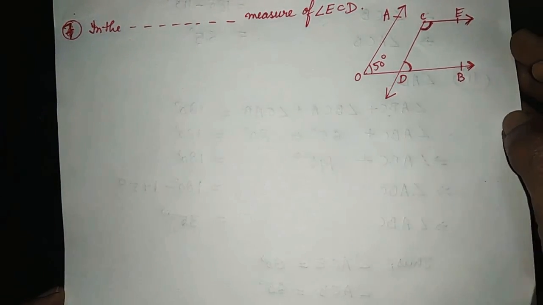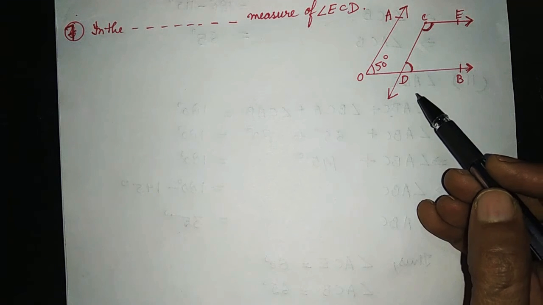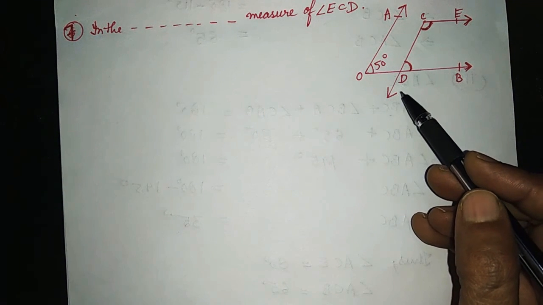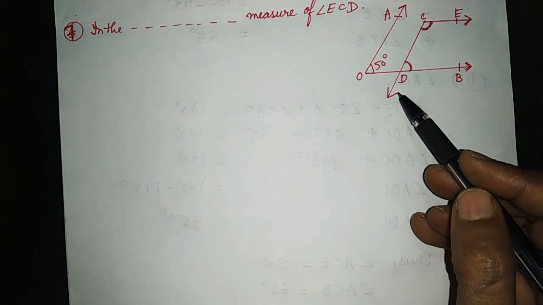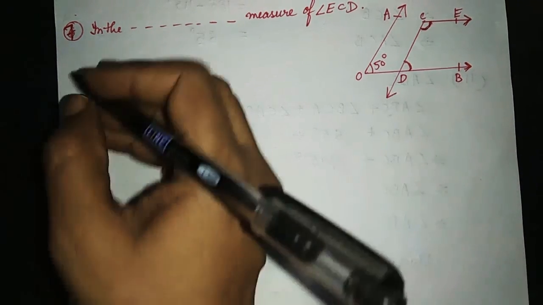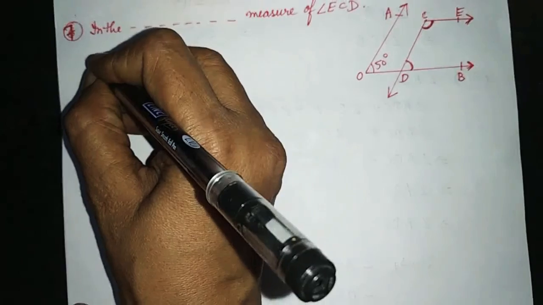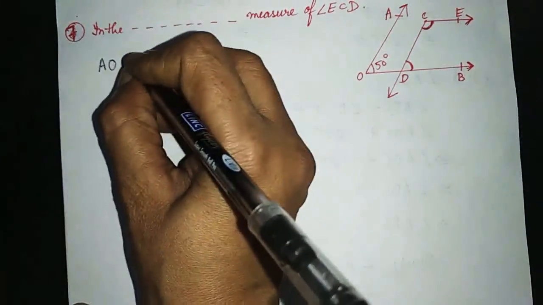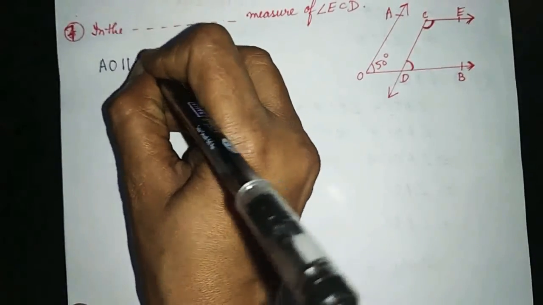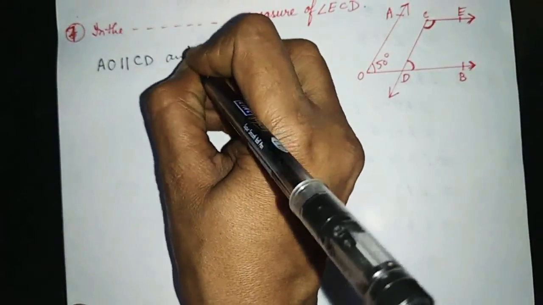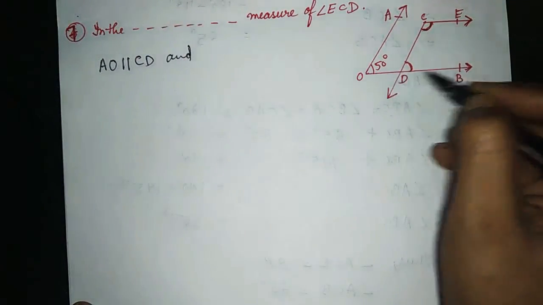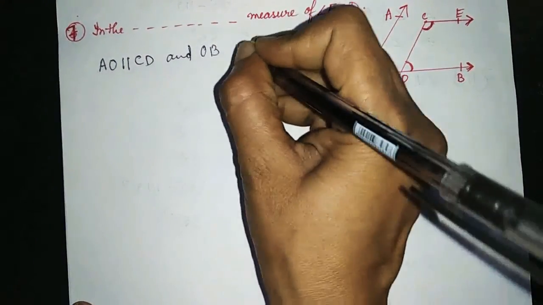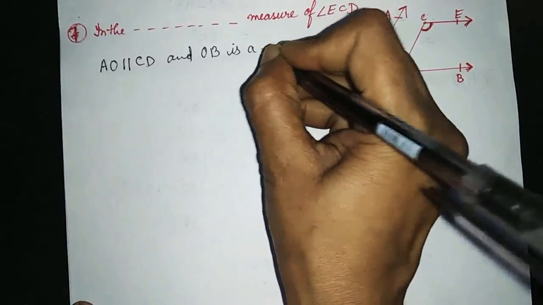So here we can see that line OA is parallel to line CD. Here we can write AO is parallel to CD and OB is a transversal.